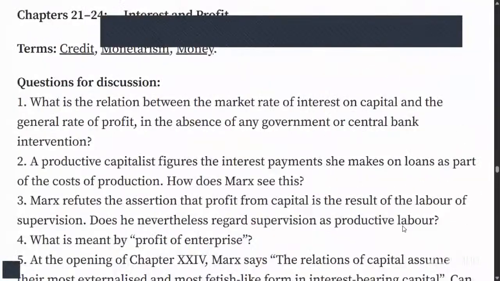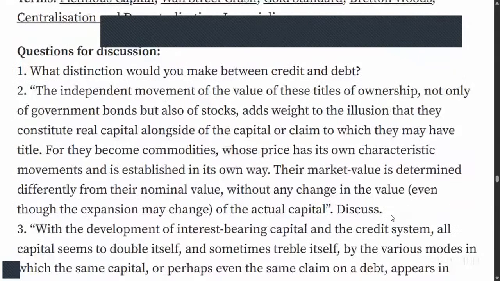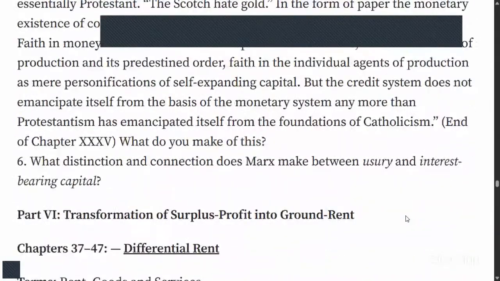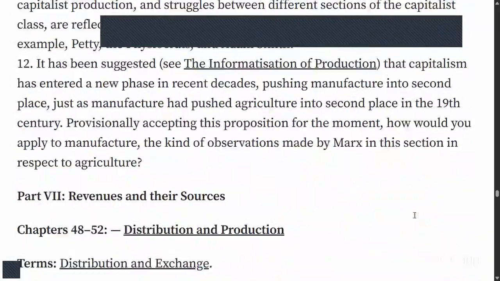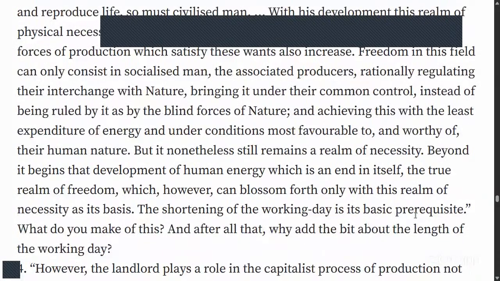I hope that you've enjoyed this little wandering through Volume 3, but more specifically, Fred Moseley's 1864 to 1867 translation, to give us a slightly different version, a perhaps purer version, of the question of what the difference is between the rate of surplus value and the rate of profit.